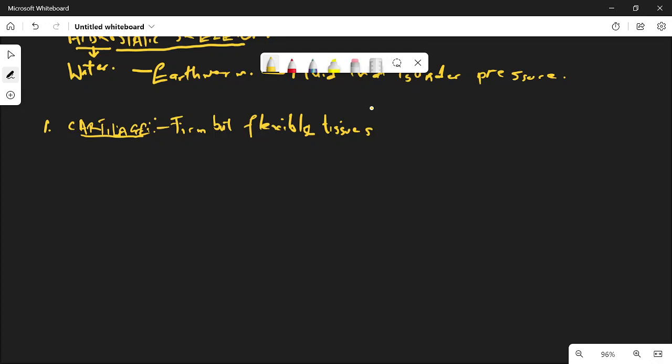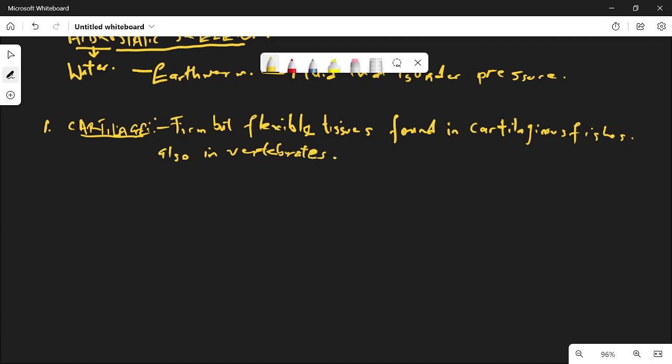They are found in cartilaginous fishes, and also in vertebrates. So that is where we can find cartilages.